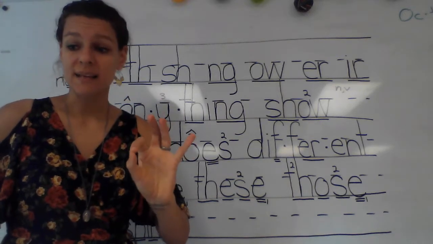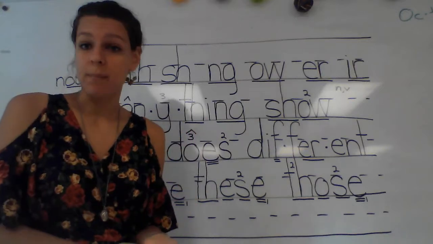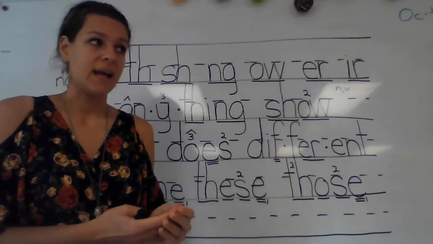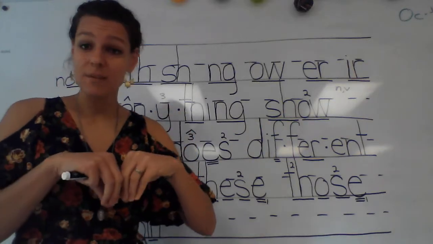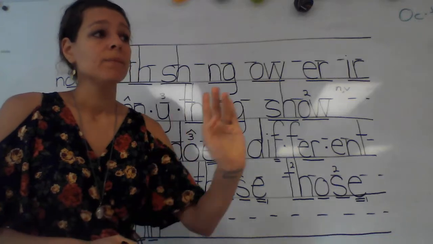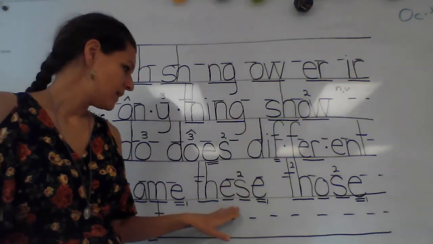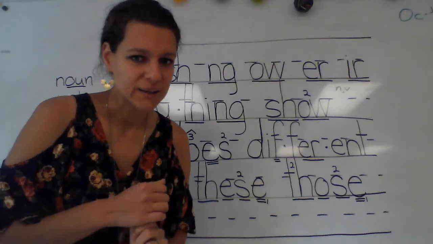Let's see, those is saying which ones, which flowers. We're describing the flowers and saying those ones. So just like we could say these ones, and that's an adjective, and it describes our noun flowers. Those is the same way. So these and those are also adjectives.